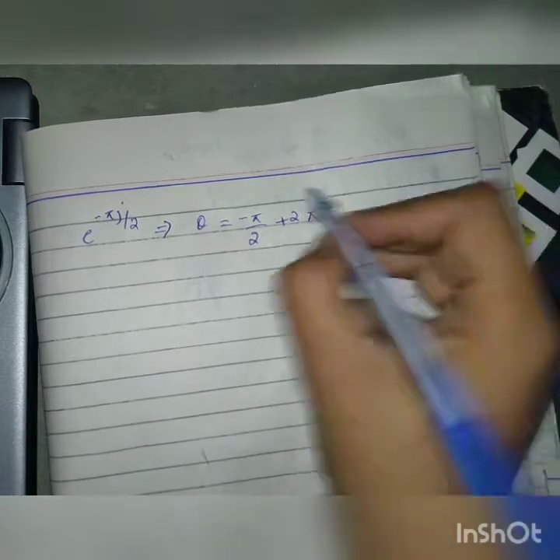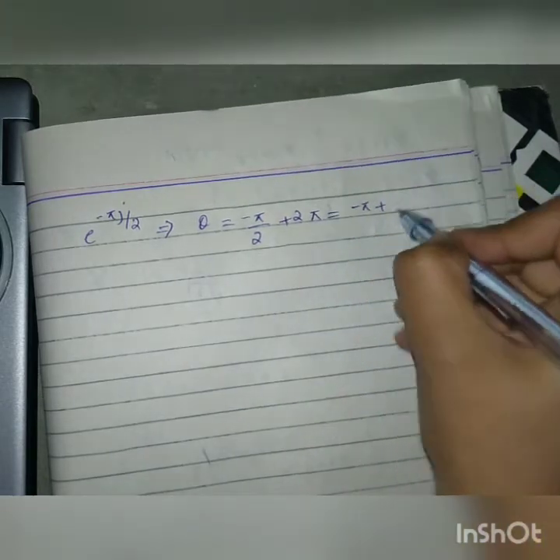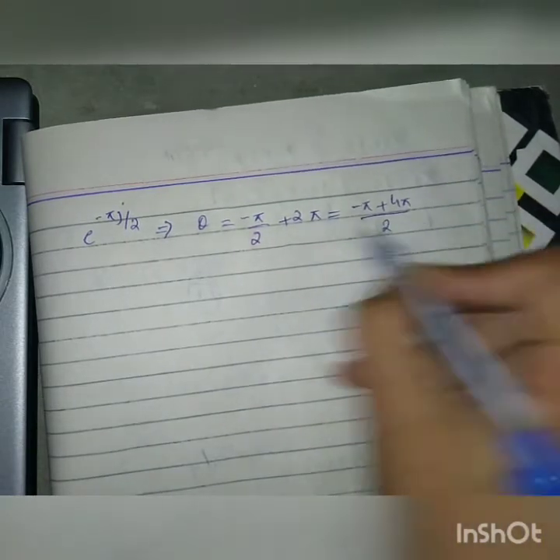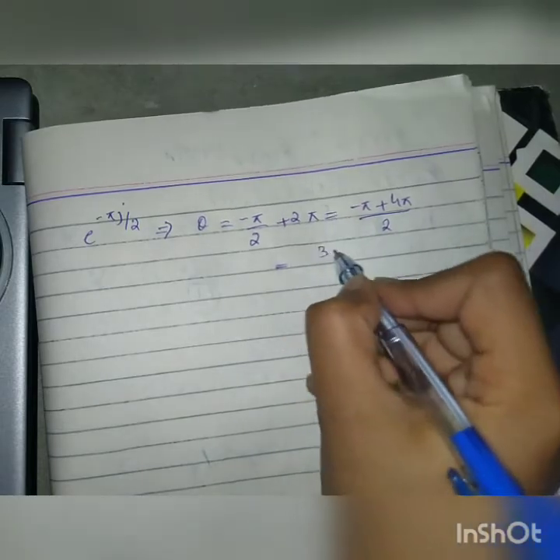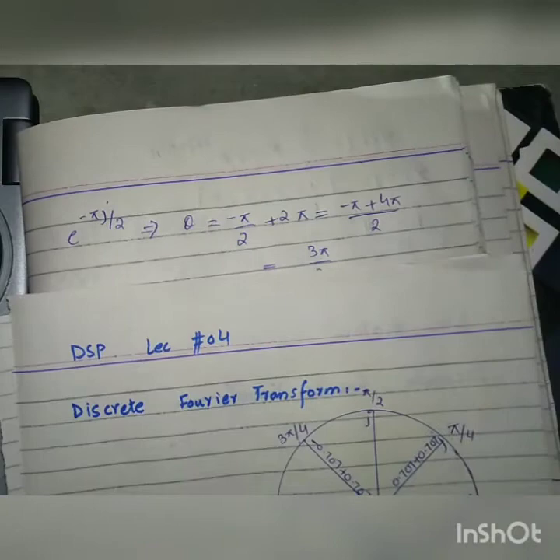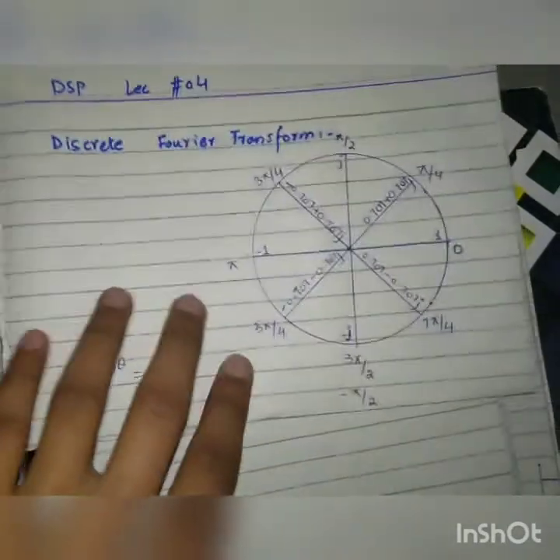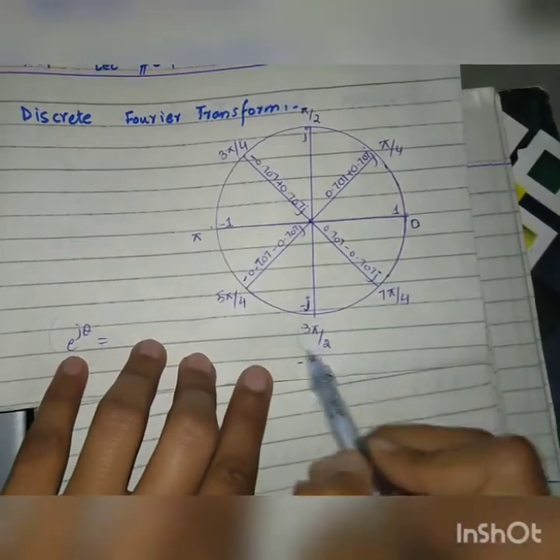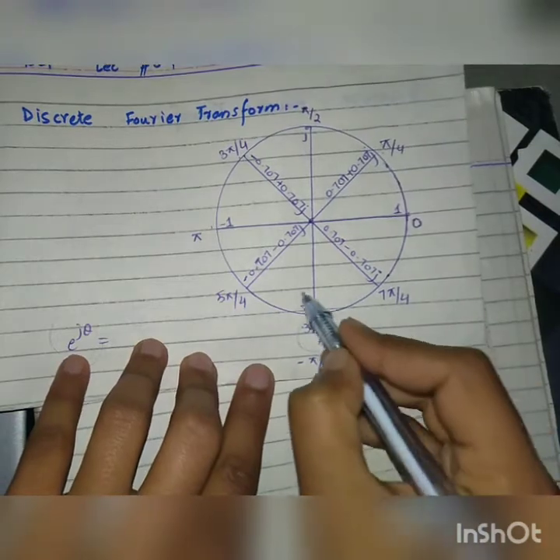So we have (-π + 4π)/2, and that is 3π/2. On this circle we have 3π/2 here, so its value is -j.